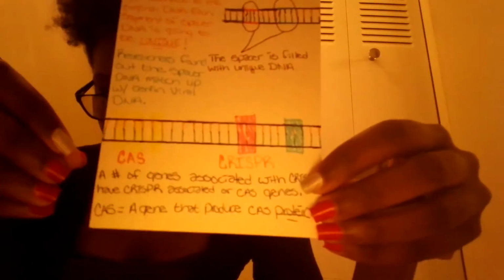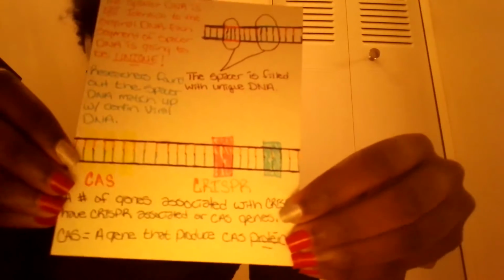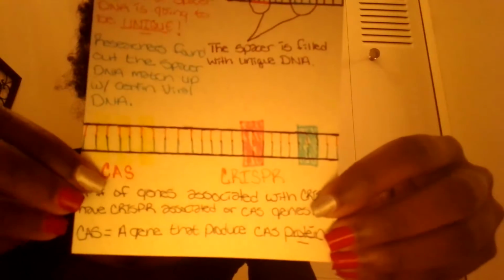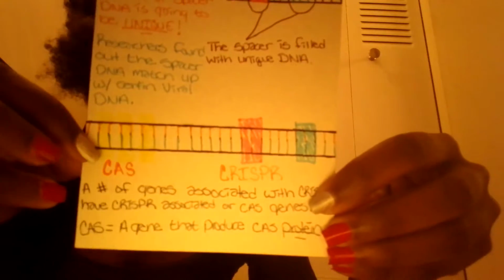Now, a number of genes are associated with CRISPR, called Cas, C-A-S, genes. Here's your Cas, and they did a yellow highlighter that shows you the three Cas right there.